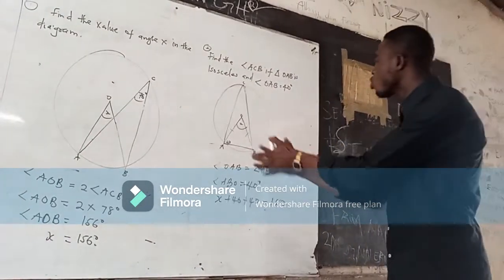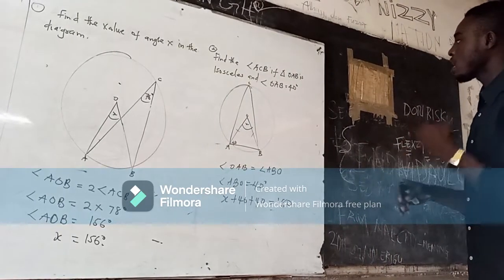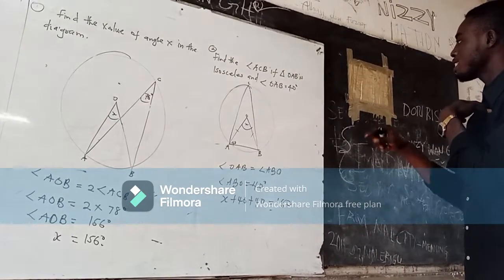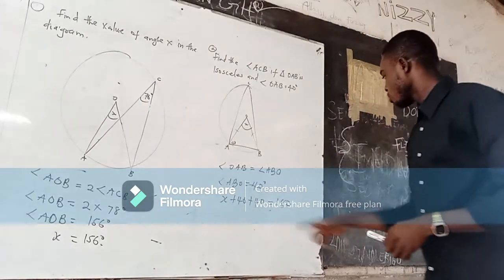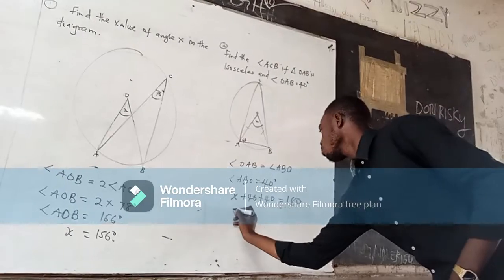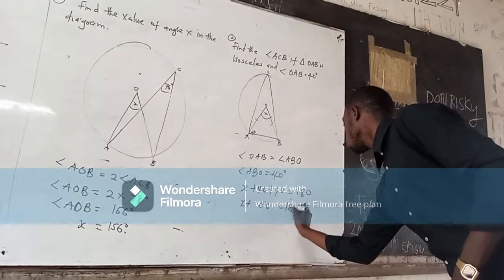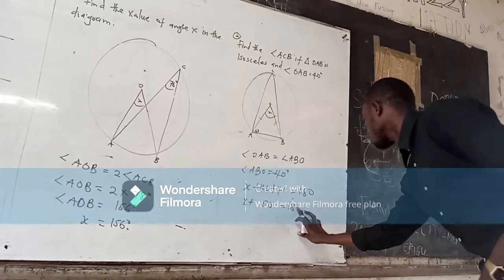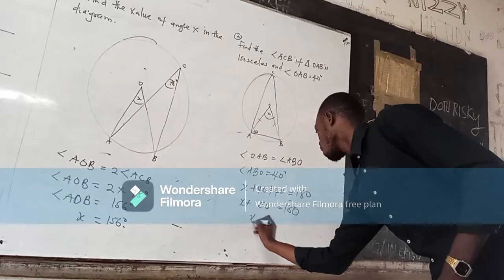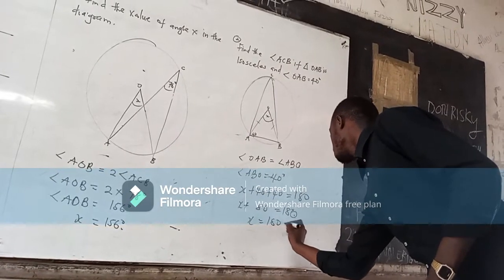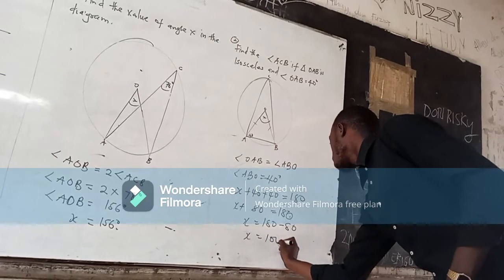That is the rule under triangle, the sum of interior angles in a triangle should be 180. So when you add, x plus 80 is equal to 180. So we group like terms. So x will be 180 minus 80.